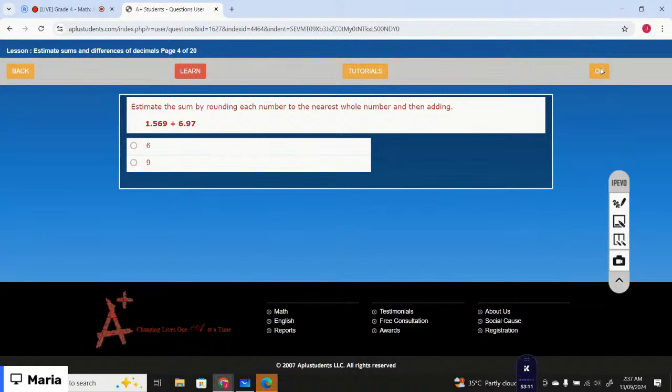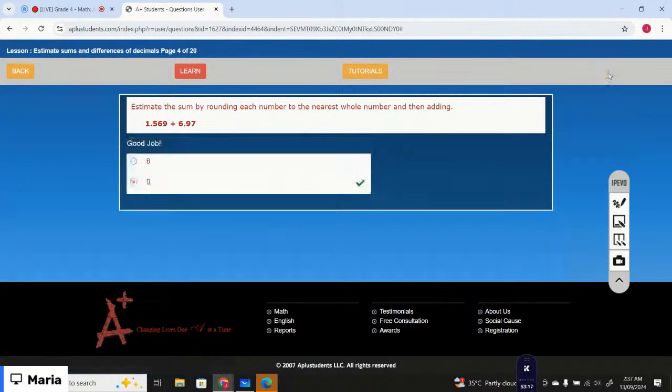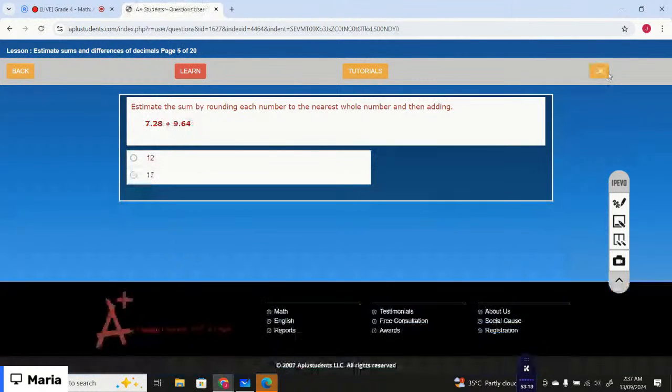Option number 2 is the correct option. The correct option is 9. Okay, the next one is: estimate the sum by rounding each number to the nearest whole number and then adding. 7.28 plus 9.64, which is the correct option?